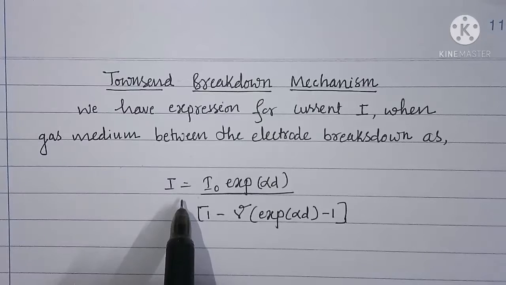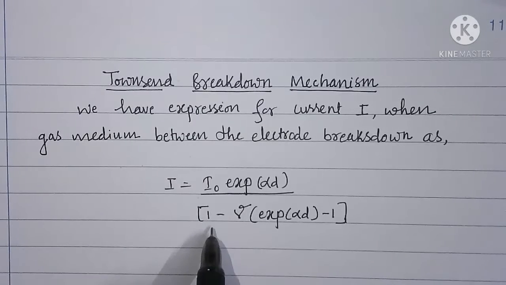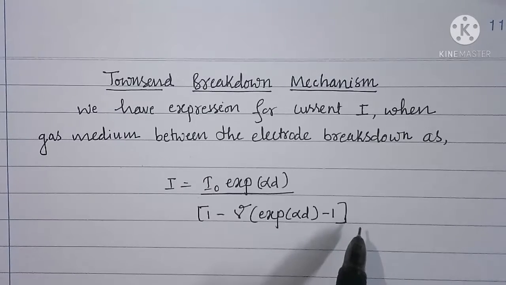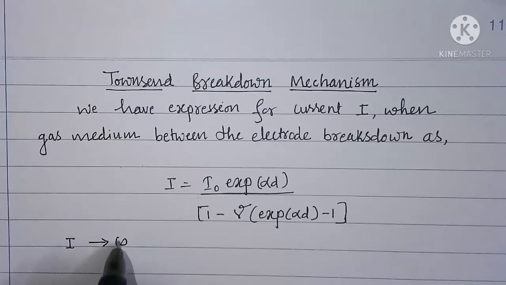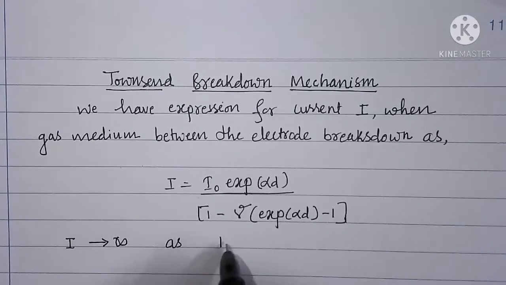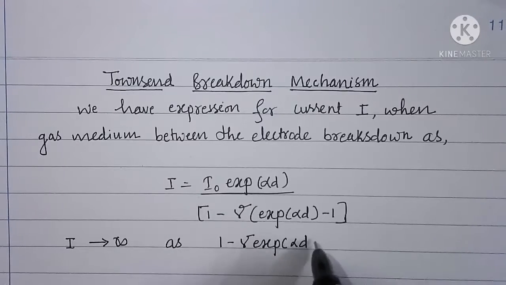This current will become infinite if the denominator becomes equal to 0. I tends to infinity as 1 minus gamma into exponent of alpha d minus 1 becomes equal to 0.